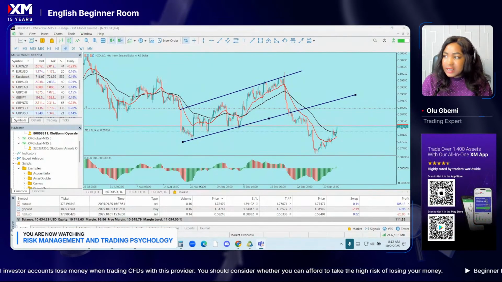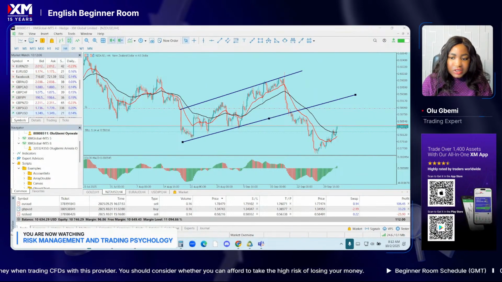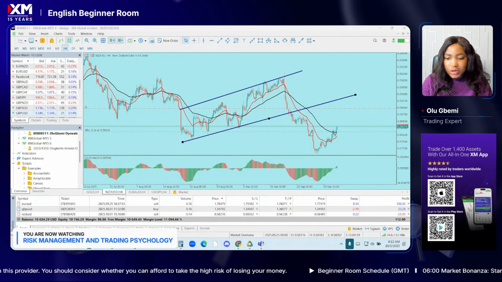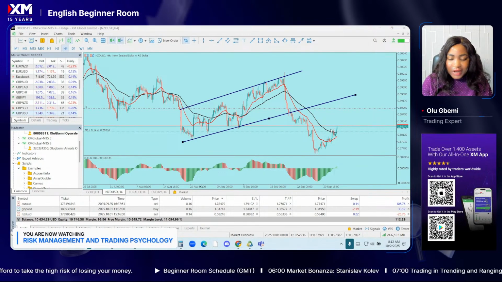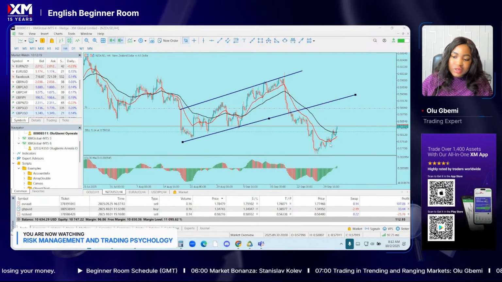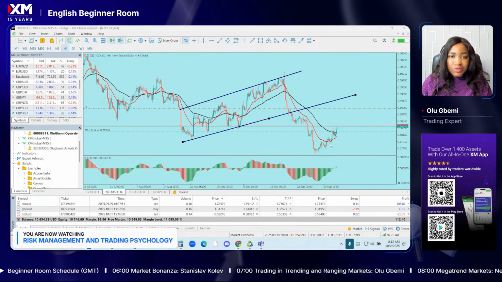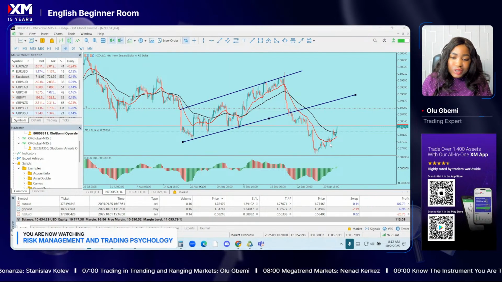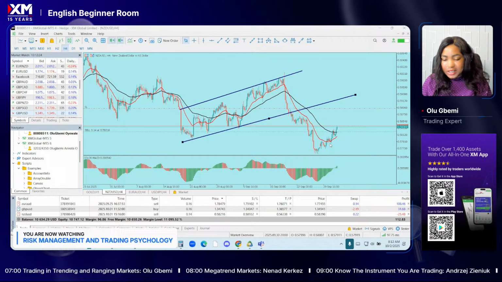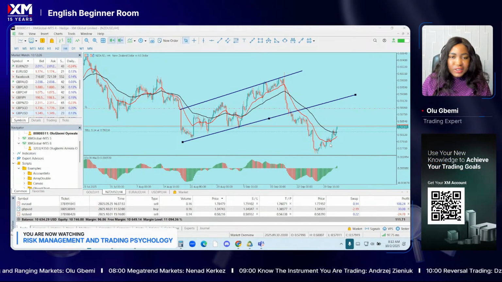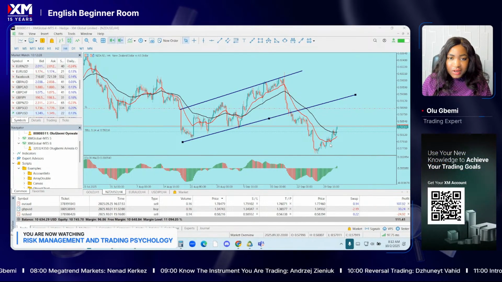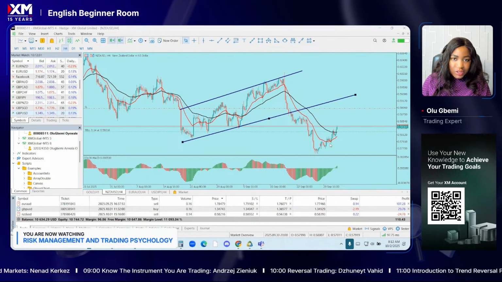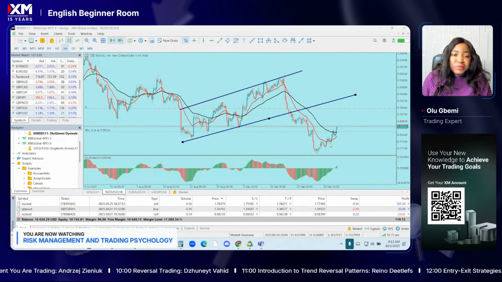But you cannot follow that rule all the time and manually close your trade when it is going against you. There are times you'll still be hoping, still wishing, and you'll tell yourself, let me leave it a little bit more, let's just see what happens. And by the time you're closing it, you probably would have lost more than you planned.